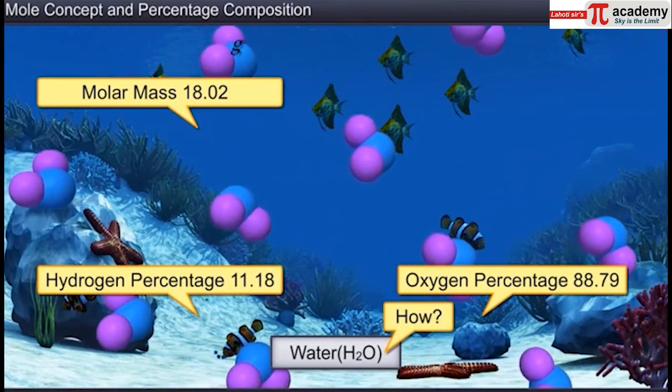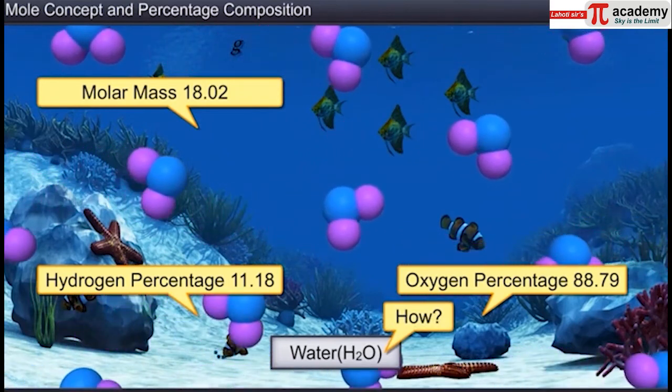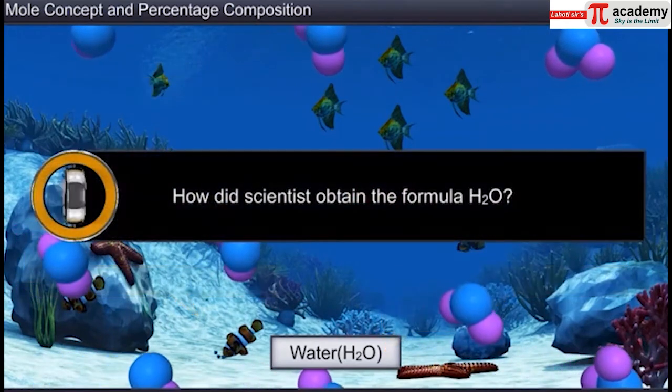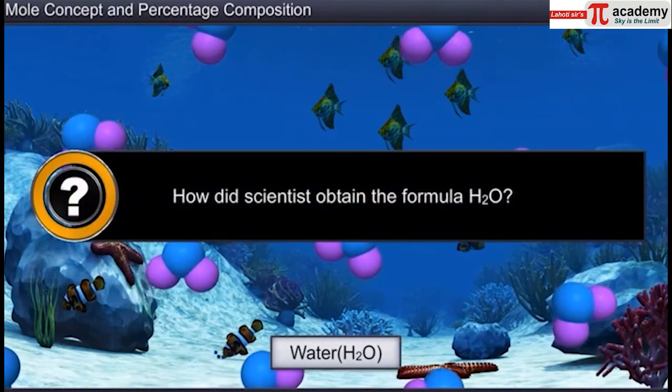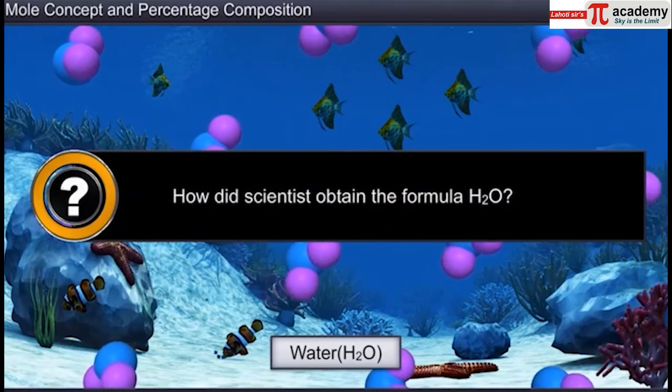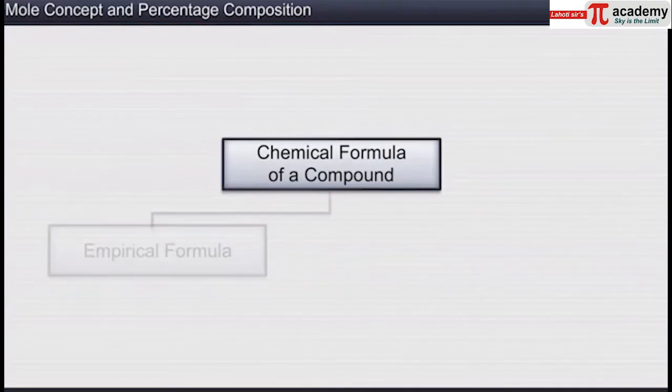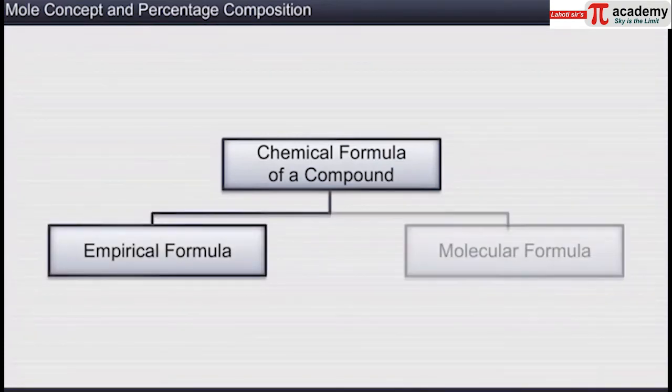But how does one arrive at the chemical formula of a compound? In other words, how did scientists obtain the formula H2O? The chemical formula of a compound is derived from two parts, the empirical formula and the molecular formula.